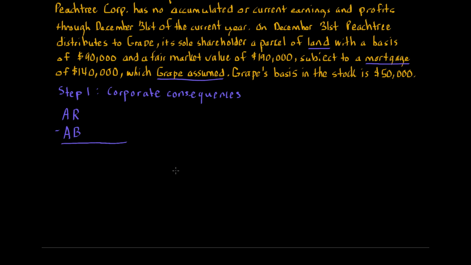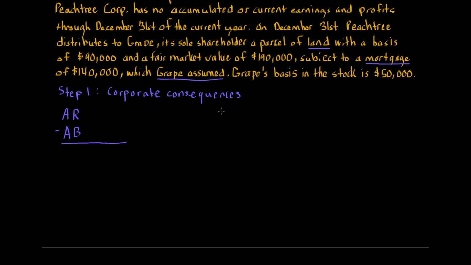You might have seen my previous videos where we talk about the amount realized being the actual cash received plus constructive cash received plus fair market value of non-cash property received minus selling expenses. Well, here, Peachtree Corporation is distributing property, and there's nothing to do with any of those items. So you're asking, what exactly is the amount realized?